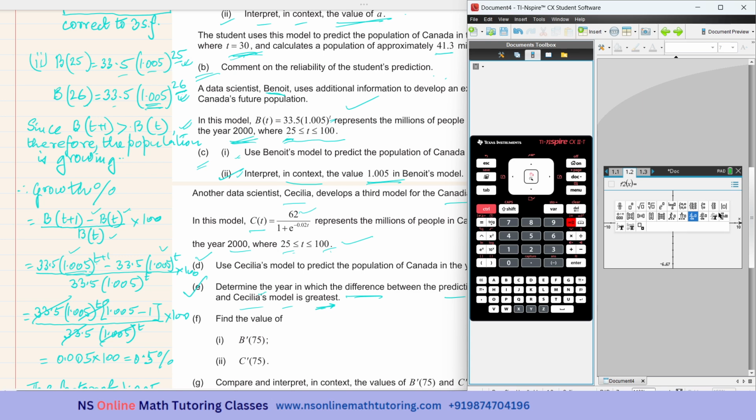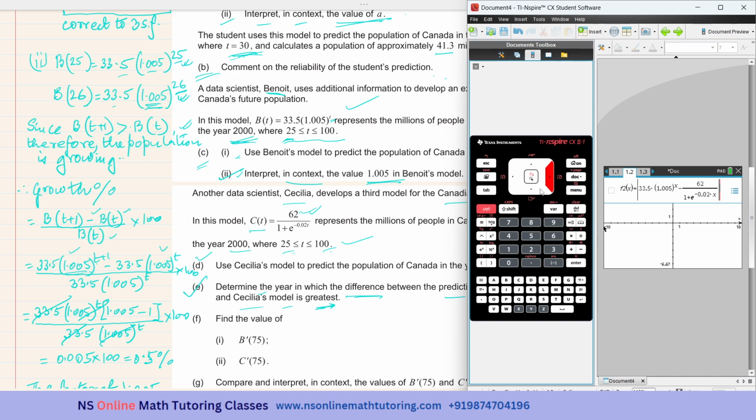First of all, we need the absolute value, 33.5 times 1.005, sorry, raised to the power of x minus Cecilia's model, which is this one, 62 over 1 plus e to the power of negative 0.02 times x.